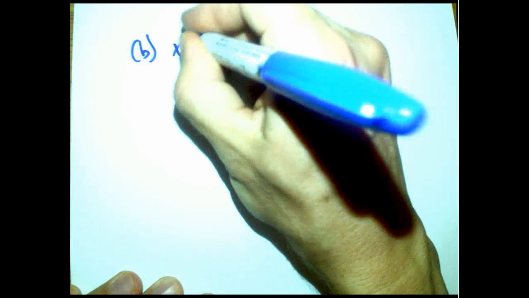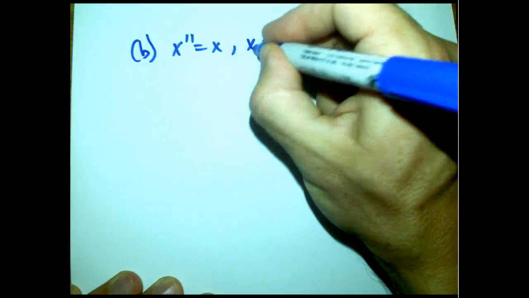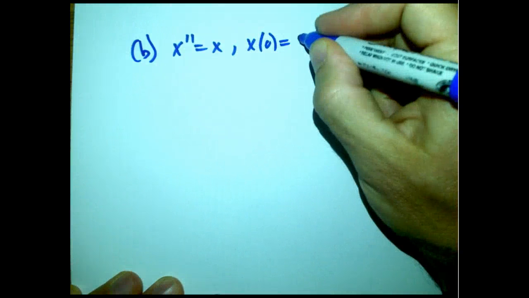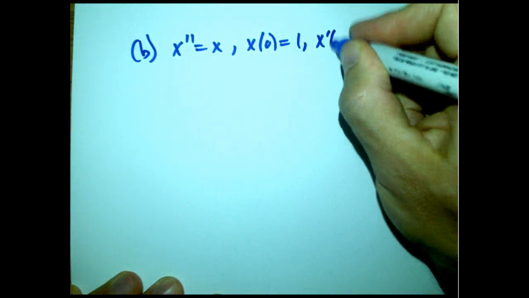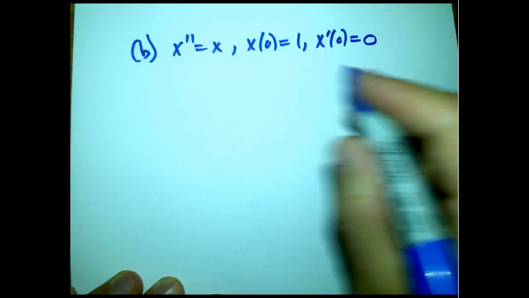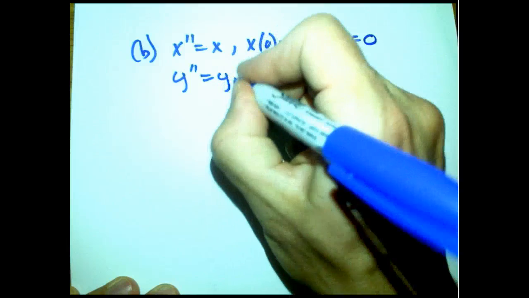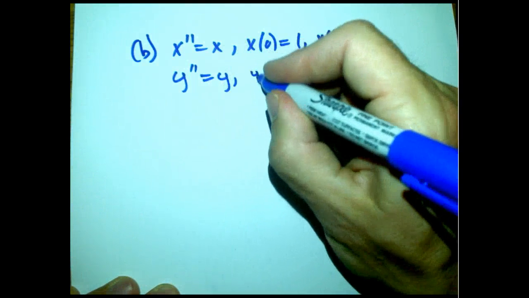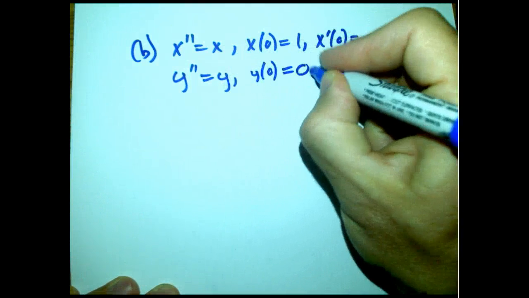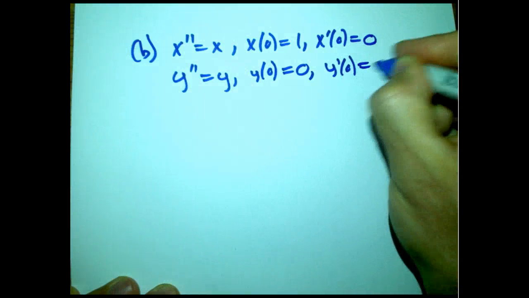What if we switch back to plus? So here's the pure position initial value problem for the plus sign version. Here's the pure motion version.